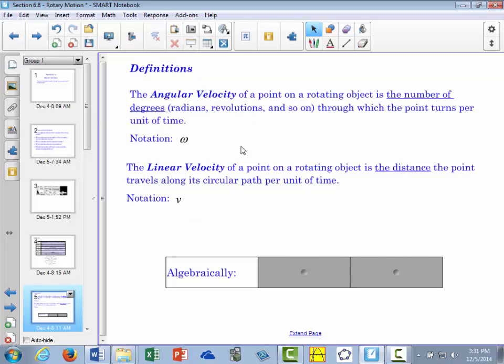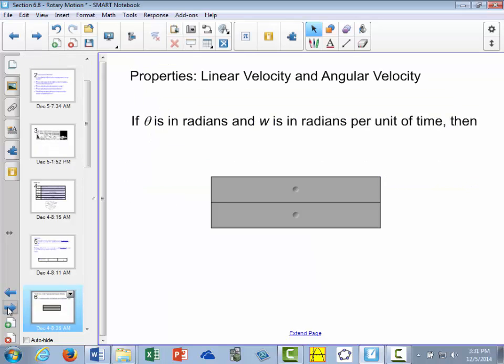Now notice these are both velocities, so they're both measured in change in something over time. So our omega, or angular velocity, is change in degrees over time, where our linear velocity is simply going to be the arc length over time. So linear velocity and angular velocity are related.